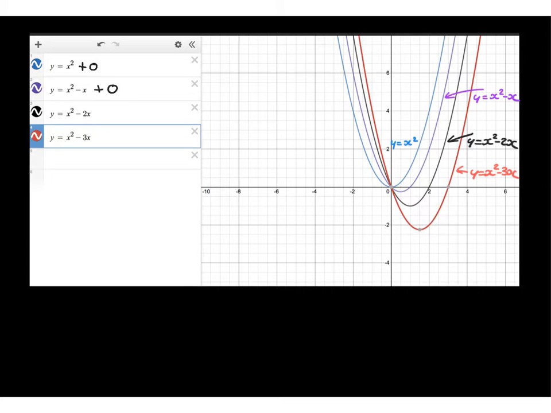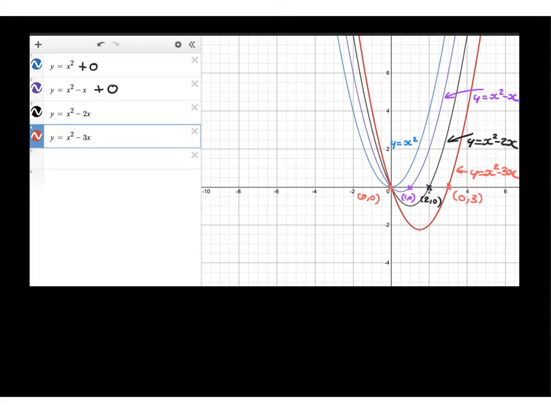Now, let's look at where the graphs cross the x-axis. So hopefully you've labelled this on your diagrams, but here, for instance, this graph crosses the x-axis at 3, 0. All of these graphs cross the x-axis at 0, 0 as well. The black graph crosses the x-axis at 2, 0. That purple graph at 1, 0, and of course the blue graph at 0, 0.